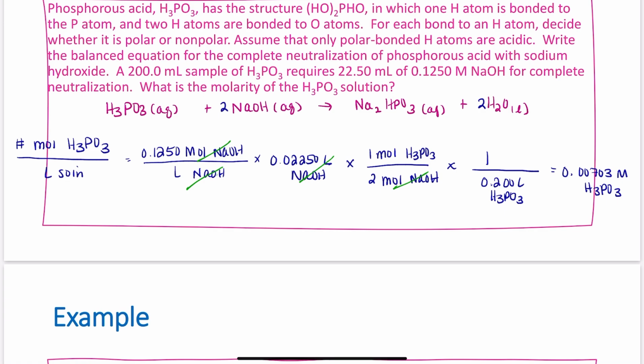All right, I'm trying to put this in my calculator, but I'm doing it on my computer, which is not as easy to do for me. Okay, so you need an extra digit there because of sig figs. 0.007031 molar is the correct molarity there with sig figs attached, because we do have 4 sig figs here, 4 sig figs here, and 4 sig figs here. So we do need 4 sig figs overall.